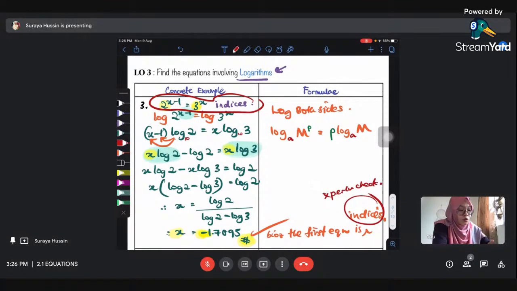Sebab itulah kalau tak perlu check, saya terus tahu jawapan ni adalah betul. Tak kisahlah positif ataupun negatif. Sebab tu saya tahu bila nak letak hashtag tu dengan cepat. So you gotta know which one need to be rechecked, which one that doesn't need to be rechecked. It is always according to your first equation.